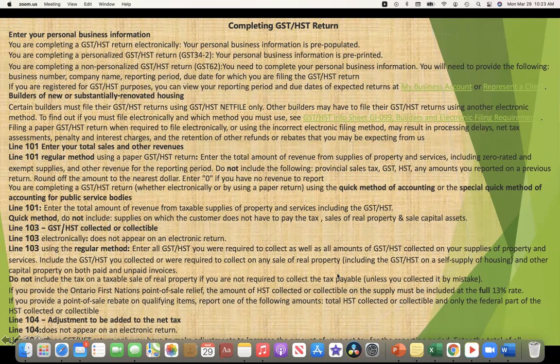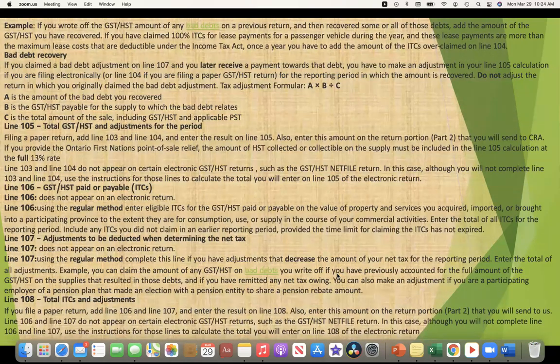But if you're using a paper return, you have to make an adjustment to increase the amount of your net tax for the reporting period. For example, if you wrote off the GST amounts of any bad debt on a previous return and then recover some of those bad debts, you have to add the amount of the GST you have recovered.